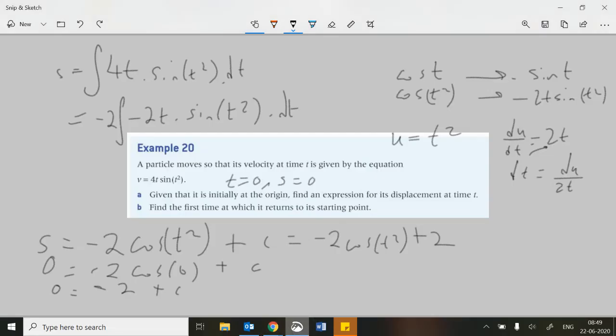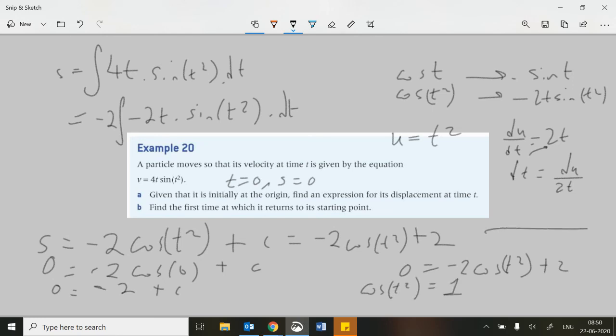The other way of doing this is if I just set s is equal to 0 here, I'll end up getting 0 equals -2 cos t squared plus 2. If I take off the 2 and divide by -2, I'm looking for where cos of t squared is equal to 1.